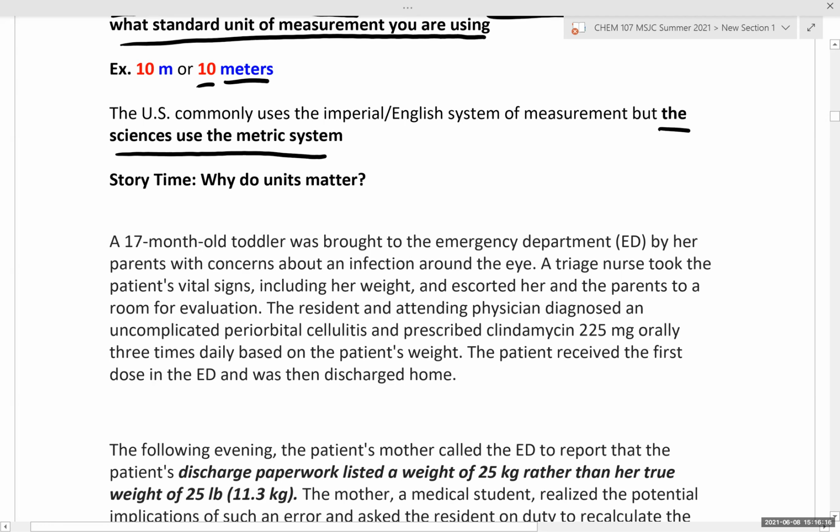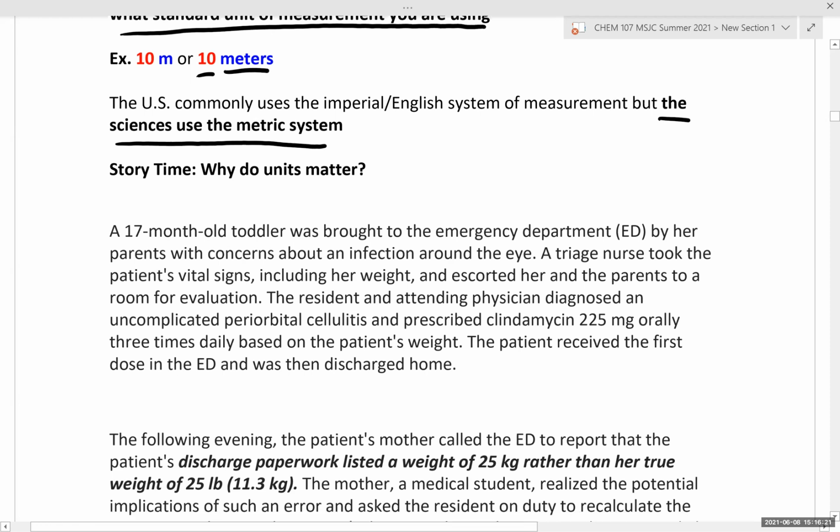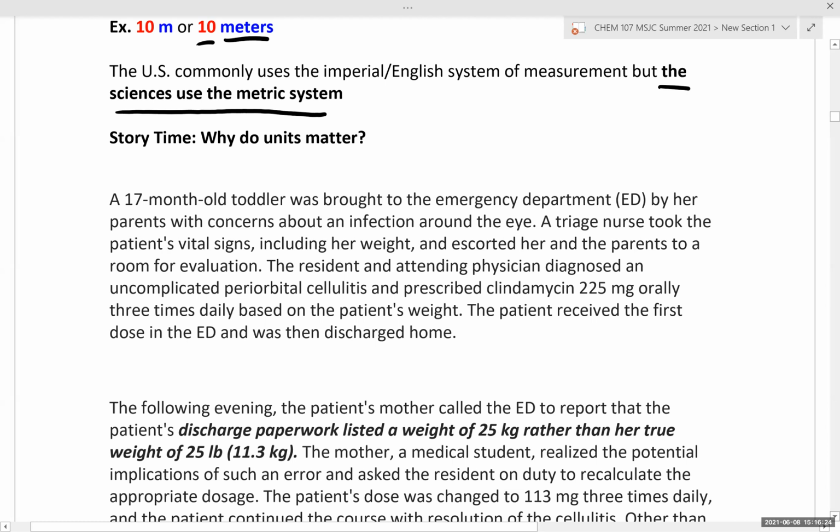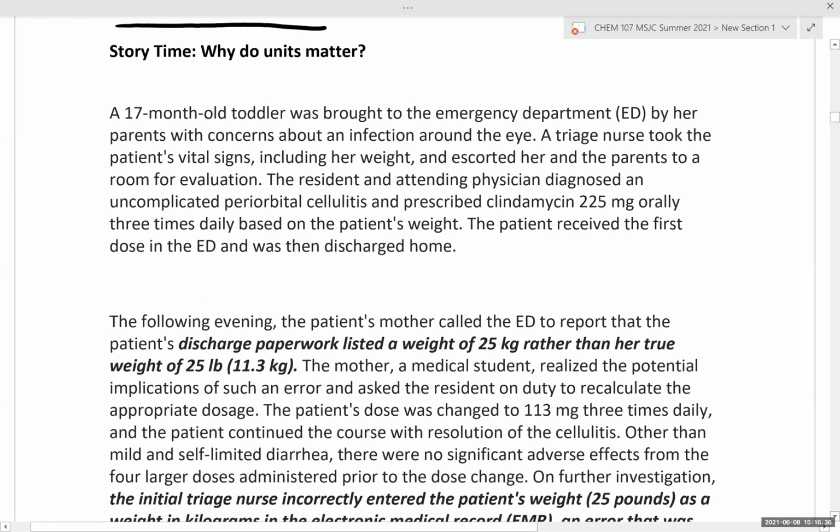So one example to really illustrate the importance of properly noting units, and being able to identify what each unit is representing: a toddler was brought in for an eye infection. They listed a weight of 25 kilograms rather than the true weight of 25 pounds. And since dosages are calculated based on the patient's weight in kilograms, they recorded twice the weight by mislabeling the units, and they gave twice the recommended dosage.